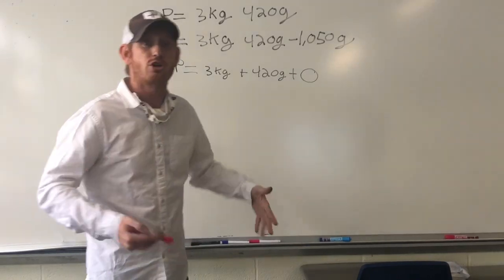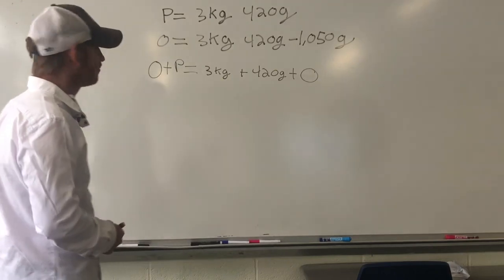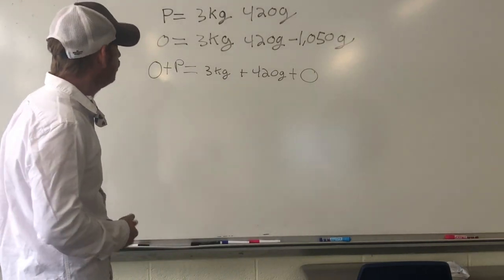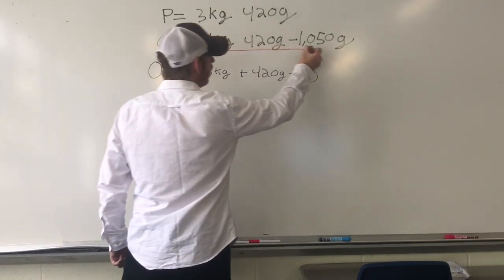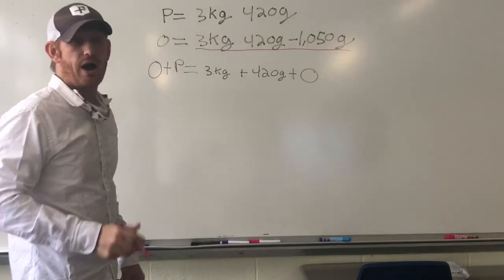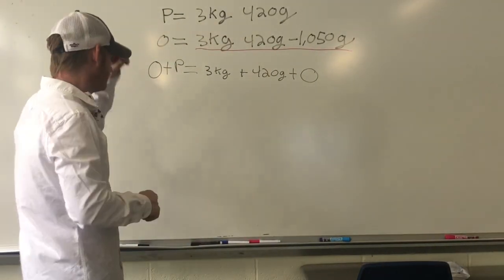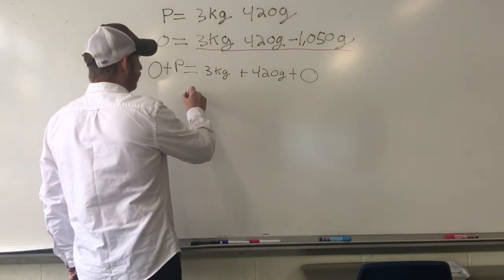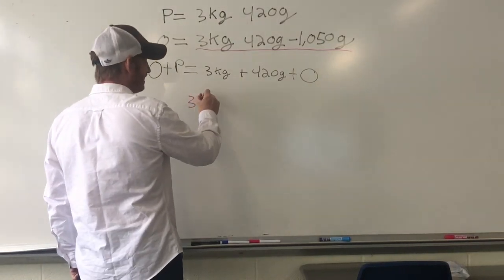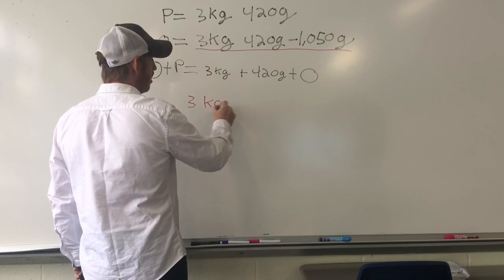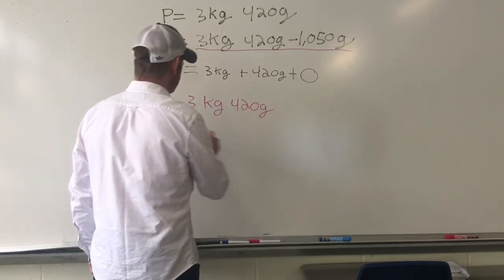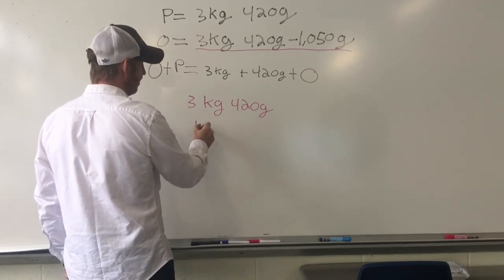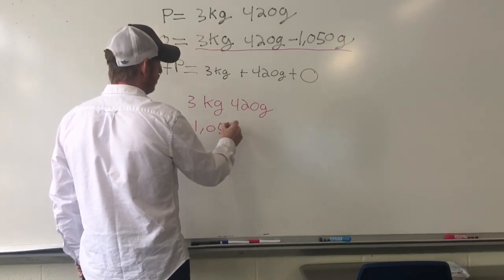So, we're going to have to go through this step by step. First thing we're going to have to do is figure out how much our onions weigh. So, we have 3 kilograms and 420 grams minus 1,050 grams.